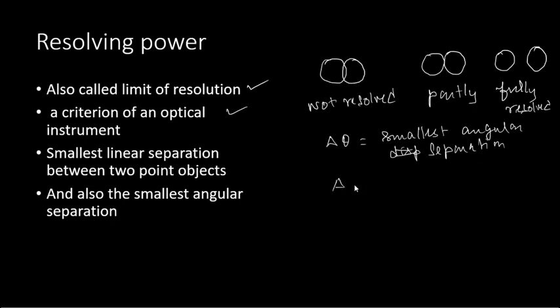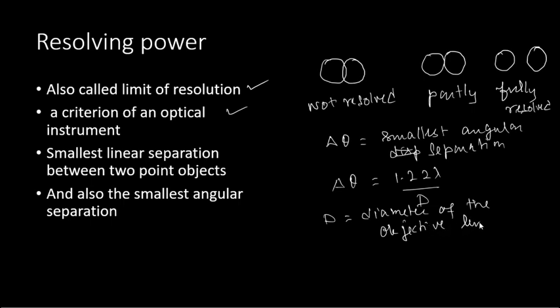So this delta theta is given by the equation 1.22 lambda divided by d, where d is the diameter of the objective lens, or it can also be called the aperture.